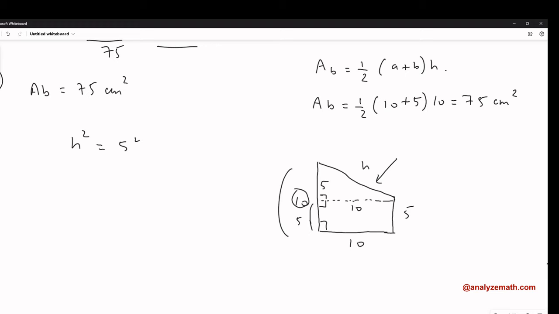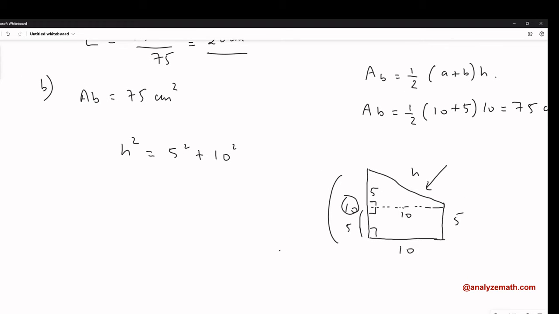H square, the hypotenuse square, is the sum of the square of the side 5 and then 10. 5 square and then 10 square. Now H square, we simplify here, 125, and to find H, take the square root of this side. Now let's leave it like this.